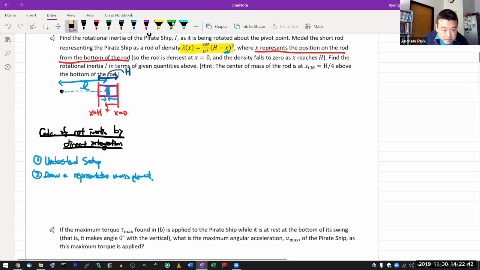Let me erase this other marking here, which has this infinitesimal size dx, and I'm going to treat this element as having infinitesimal mass dm. And I'm going to have to be able to represent this dm in terms of the density of the thing and the coordinate variable, so that it's something that I can integrate over later. So I have this representative mass element.